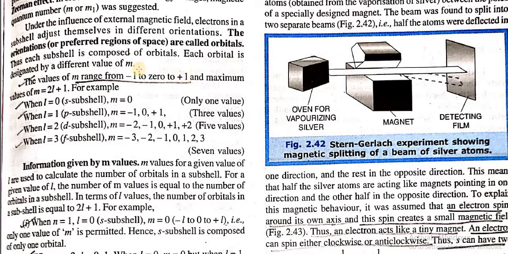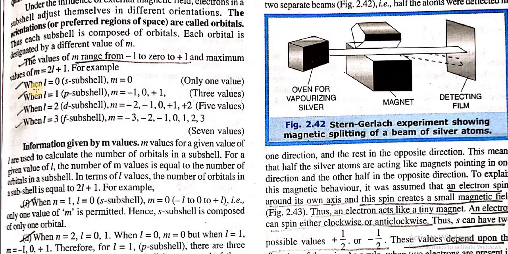So for example, when L equals 0, the value of m equals 0. Why? Because it ranges from minus L to plus L, and since L is 0, it will be 0. Only one value, so that subcell will have only one value.